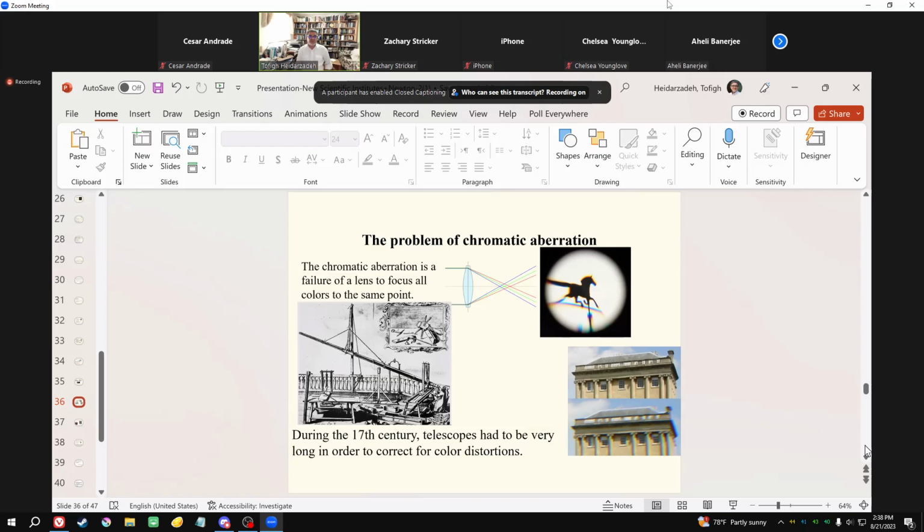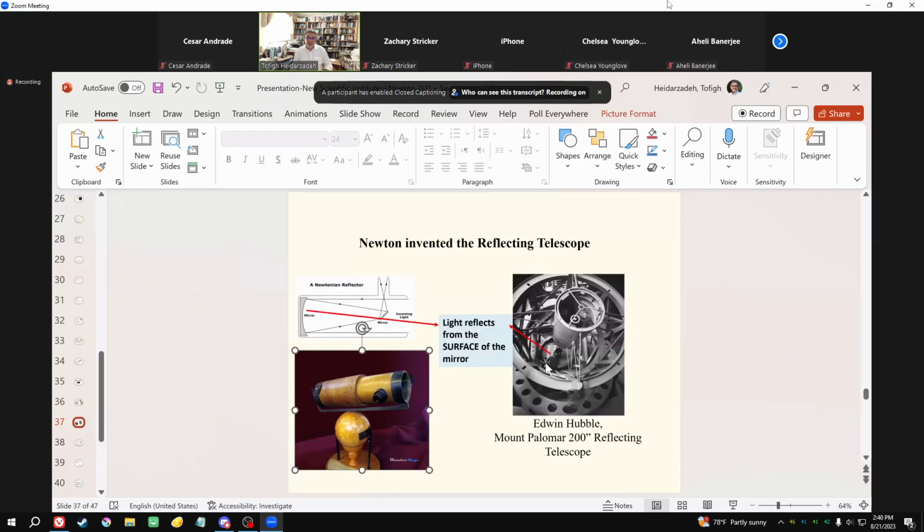But Newtonian telescopes are cheaper, more efficient, and better. In this image, you see Edwin Hubble sitting in the focal point of this big Mount Palomar Observatory and observing there. Okay, folks, let's stop here.